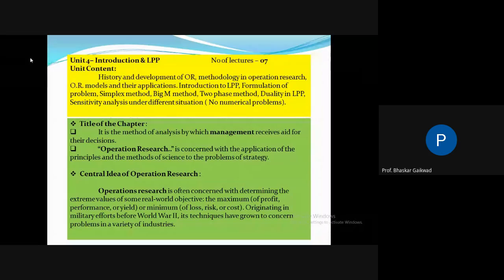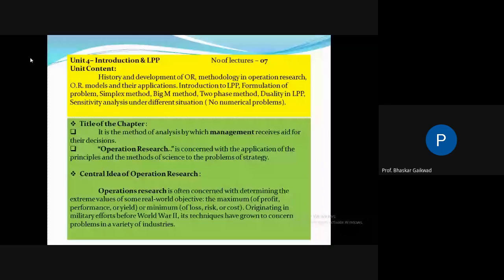Its techniques have grown to consider problems in a variety of industries. After the war started, this concept came into industry to solve industry problems so that the industry will get maximum profit and minimum loss, cost or risk. So this is the central idea of operation research.